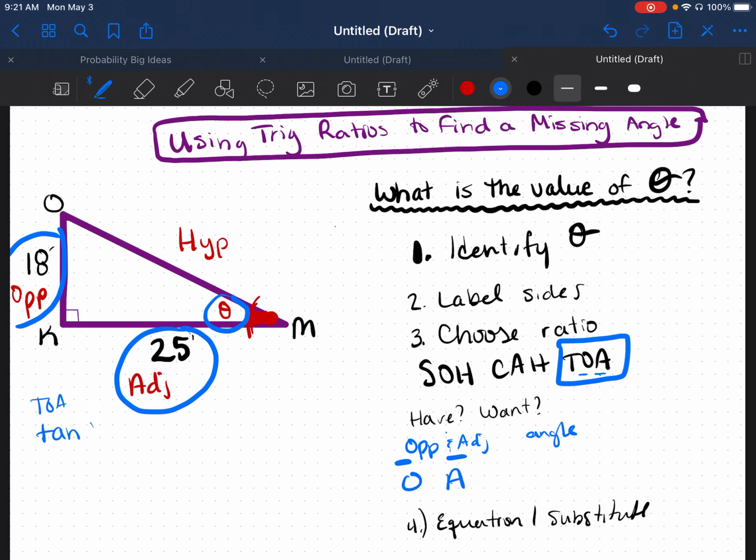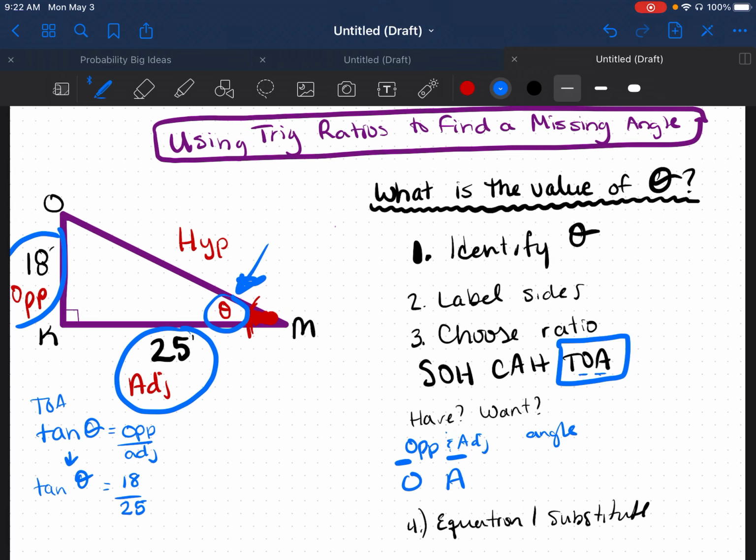I know that is tangent of theta equals opposite over adjacent. Now I need to substitute. Tan of theta. Here, I do not know what theta is, so I can leave that. Opposite I have is 18. Adjacent I have is 25.